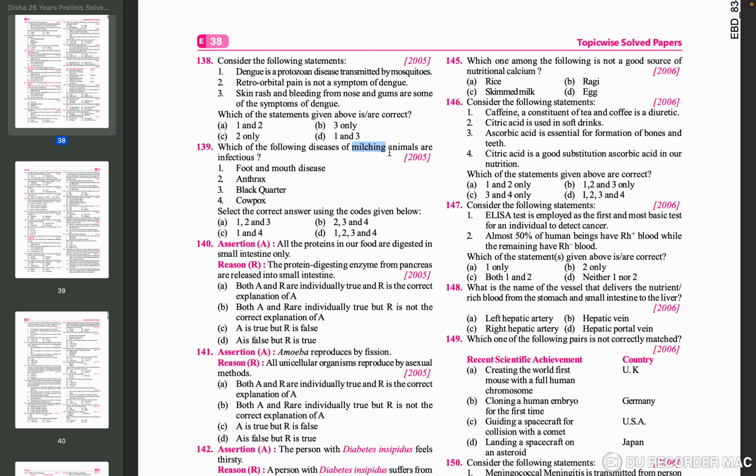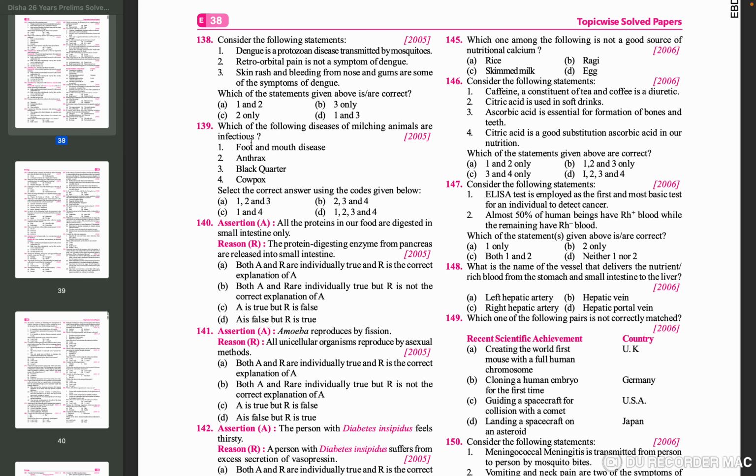So I think milching animal means animals that roam around grassland. Okay, which of the following diseases of milching animals is infectious? Foot and mouth disease, anthrax, cowpox, and black water. Cowpox, black water, foot and mouth disease. I think it will be in the answer. So A, C, and D.